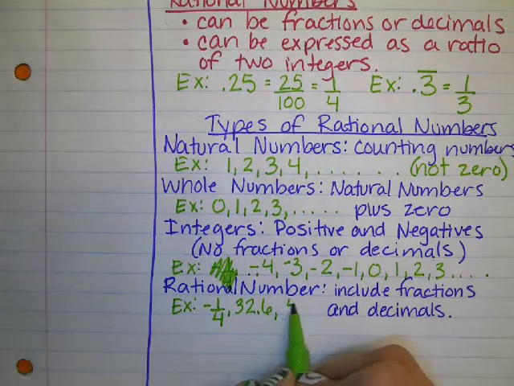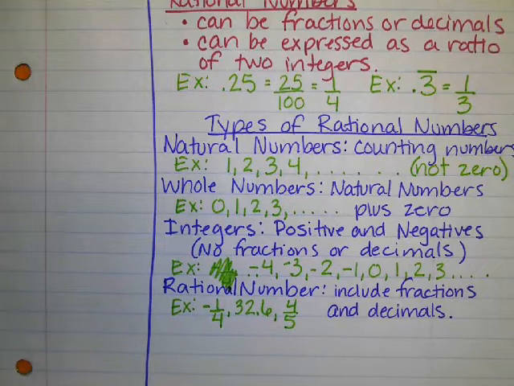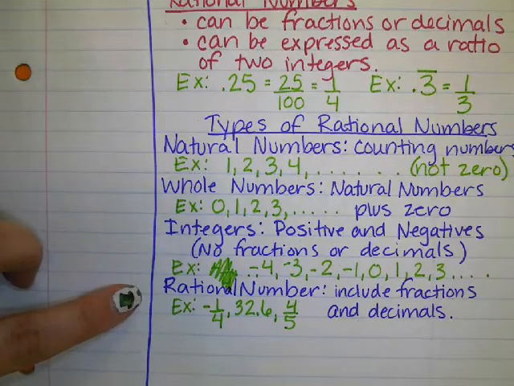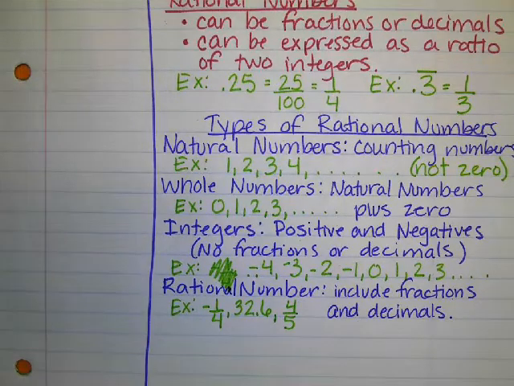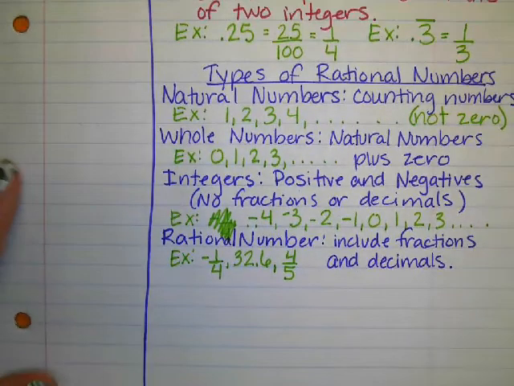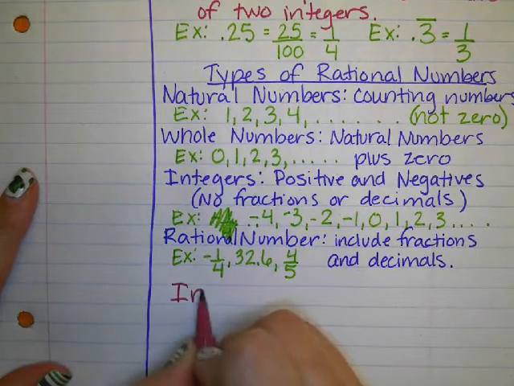Another fraction 4/5 would be another rational number there. Okay, so these are all of our different types of rational numbers. Now the only thing left over that we haven't talked about really are decimals that repeat forever. And that is our other type of number. So that is going to be our irrational numbers.